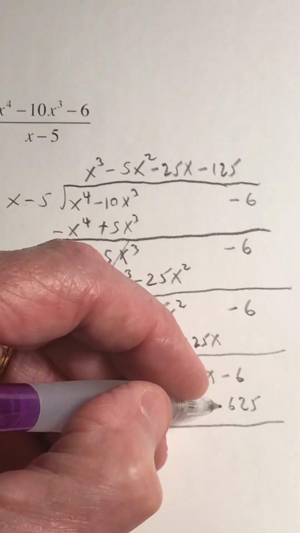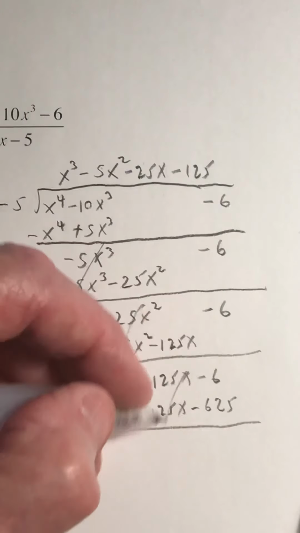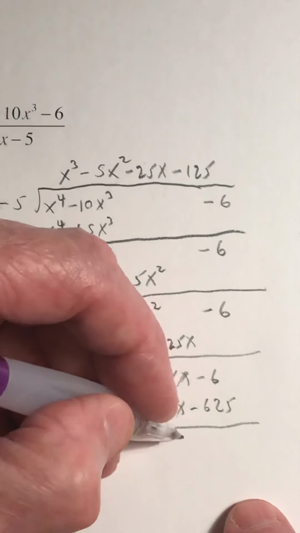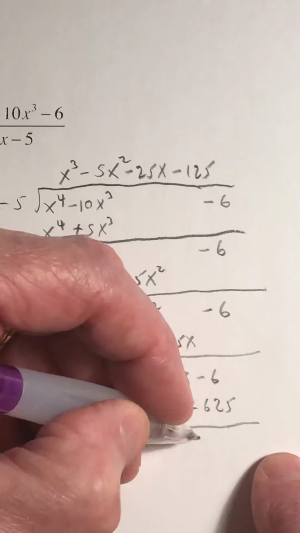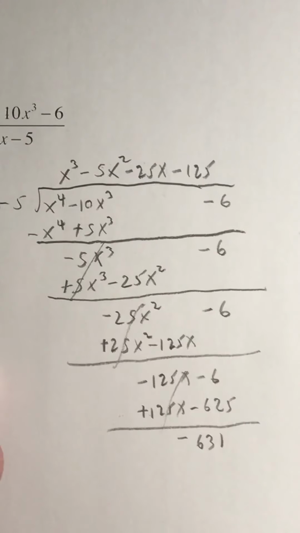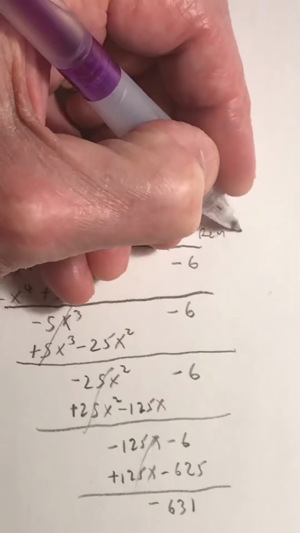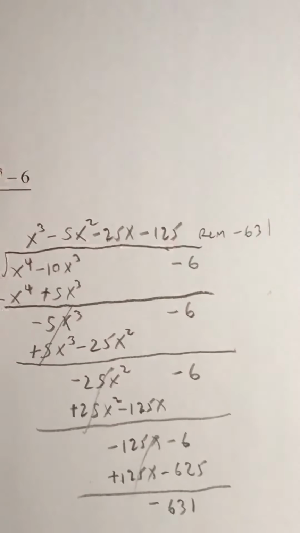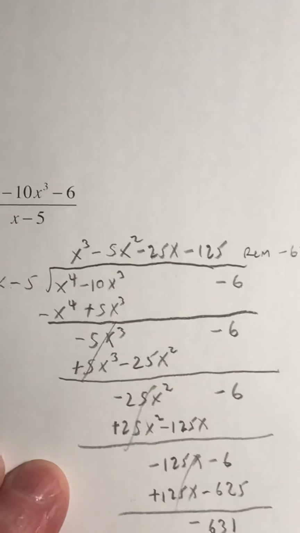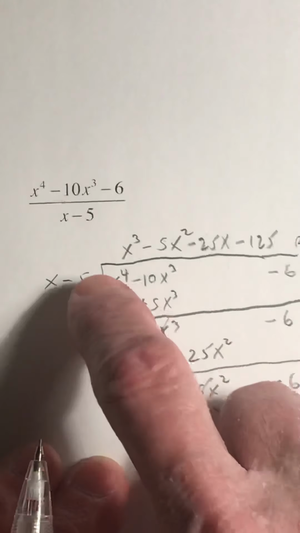This was positive. And we add, and those disappear, and we get negative 631. Okay. The remainder is negative 631.